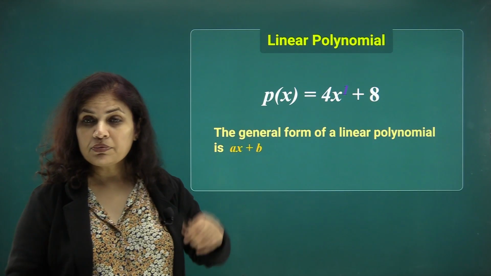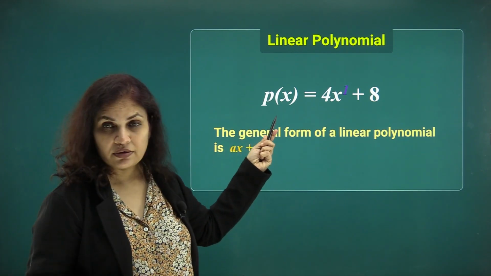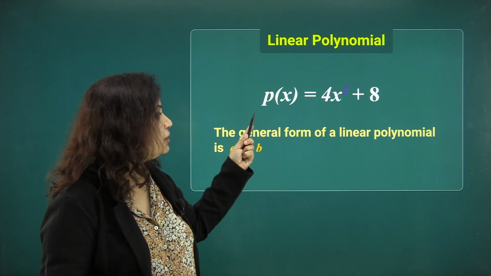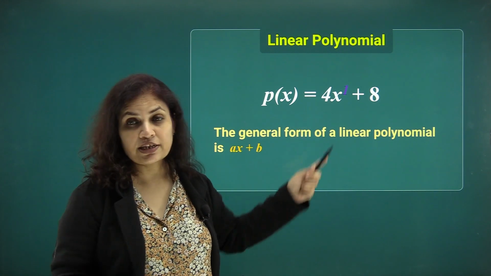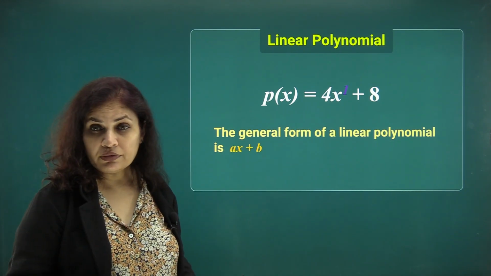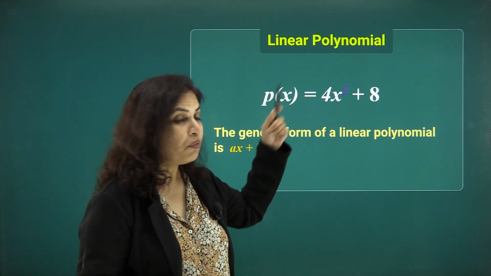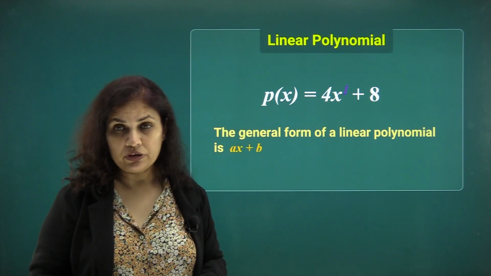Now, starting with linear polynomial, we have before us P(x). P(x) is a function in x, a polynomial in x, equal to 4x plus 8. As I told you, we write down the polynomial in decreasing power of x, the highest power being 1. And what gives rise to this constant term in a polynomial?